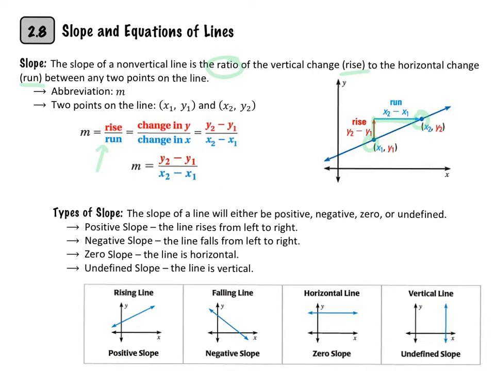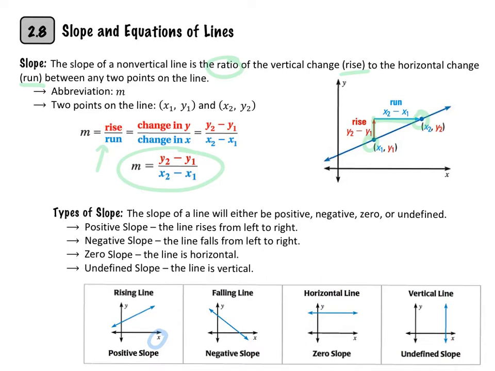We call this m when we write this into an equation, and hopefully this is a familiar equation to you, but if not, this is how you calculate it. Know this equation. This ratio can come out to be one of 4 different things. We always read a graph from left to right on the x-axis.